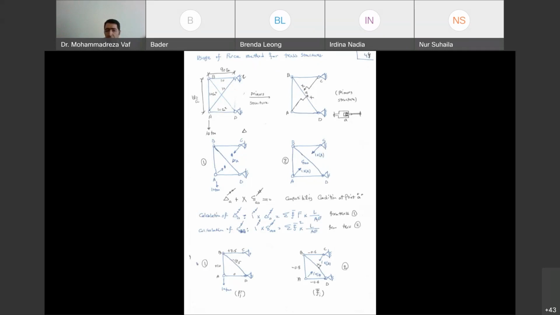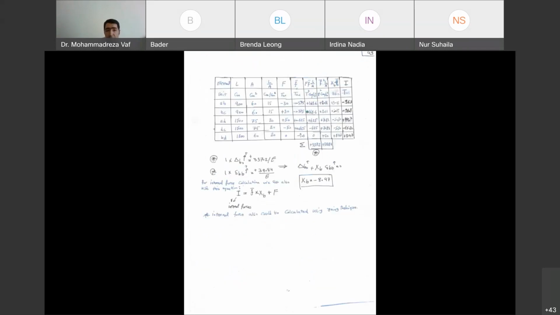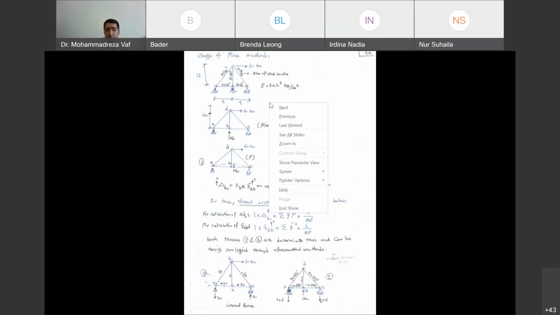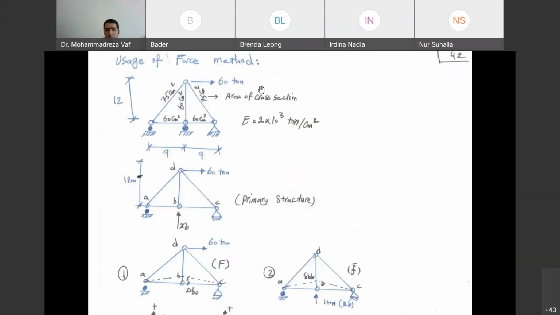What is important is that when you have settlement, for example, let's go back to the previous class example. Let's say we have settlement at point B. The settlement is always toward downward. Sometimes even if we say it is toward upside, it doesn't matter.